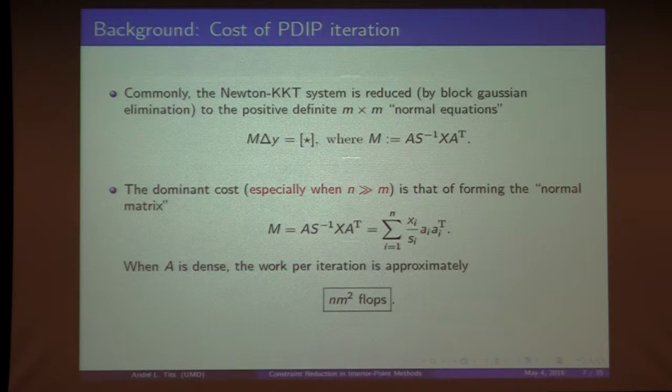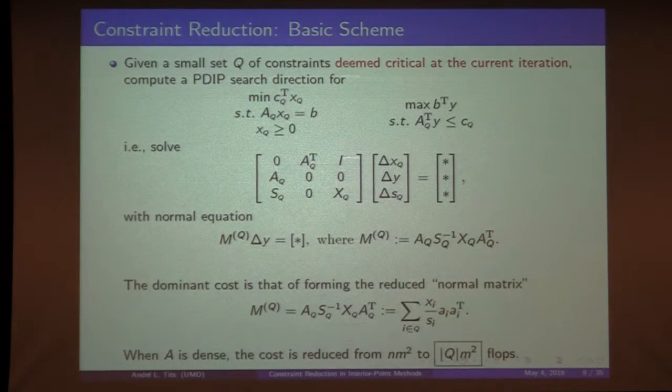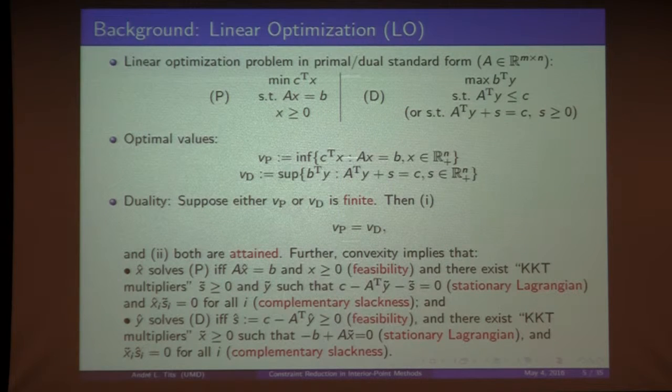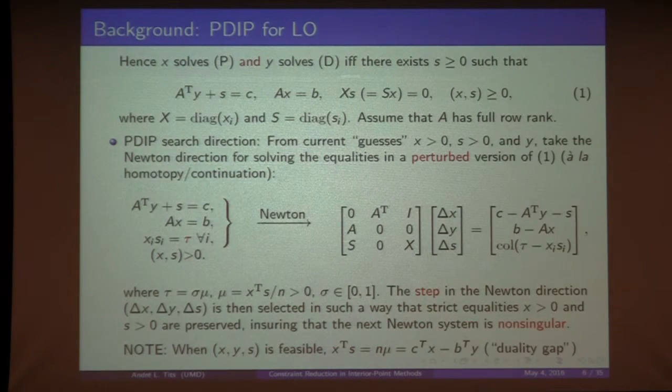And so in view of that, we were interested in problems which have many more inequality constraints than variables in the dual problem. And there are lots of problems in this category, as I point out later.